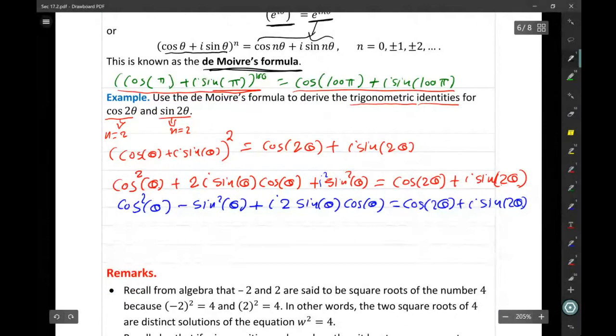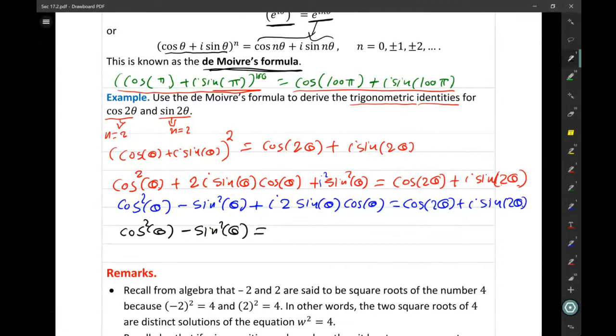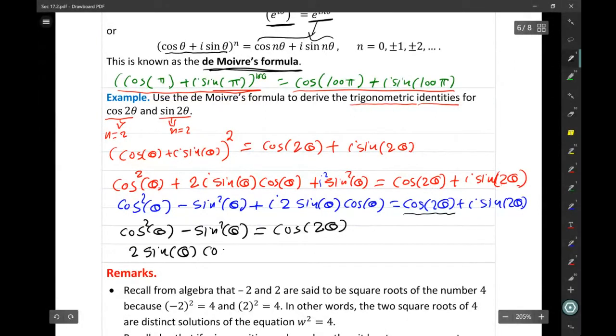The real part is equal to the real part, the imaginary equal to the imaginary. For the real part, cosine square theta minus sine square theta, which is the real part on the left hand side, is equal to the real part, which is cosine 2 theta. The imaginary is equal to imaginary: 2 sine theta cosine theta is equal to sine 2 theta.